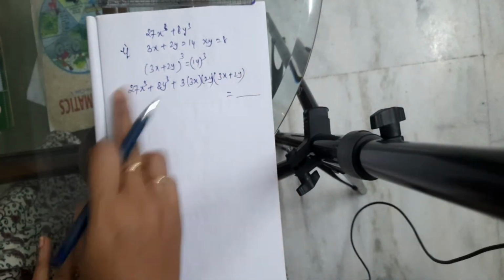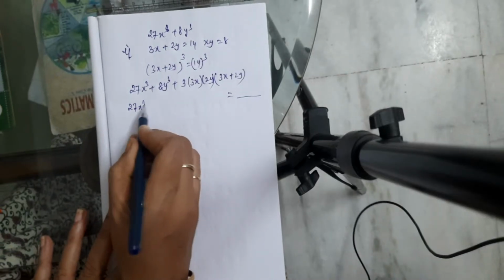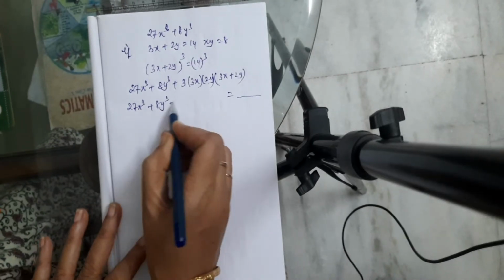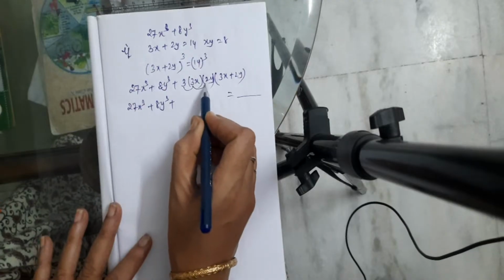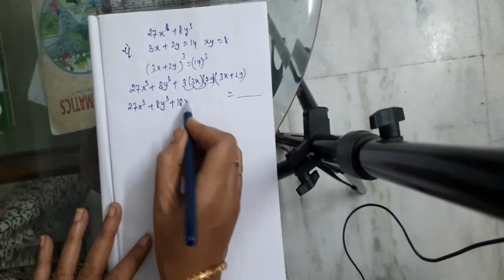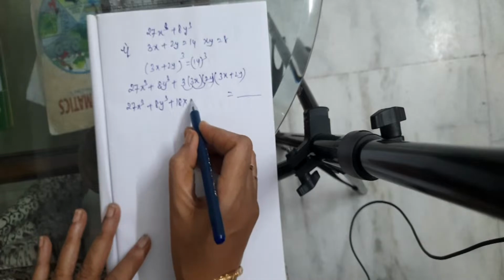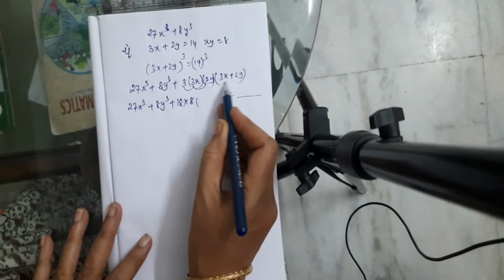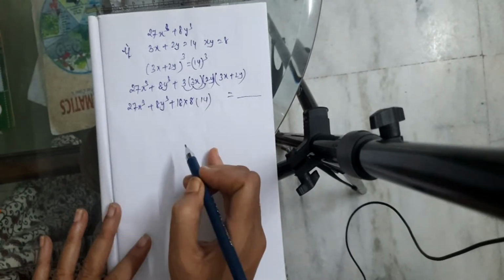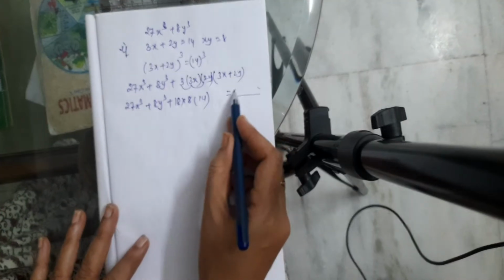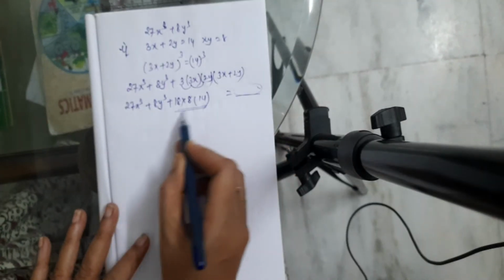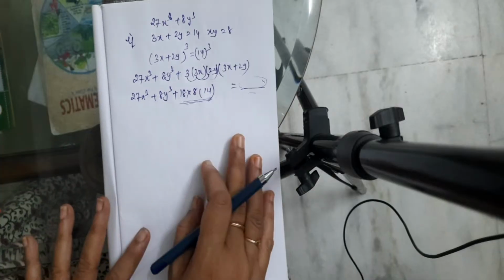Now this we can solve out like 27x cube plus 8y cube. 3 3s are 9, 9 2s are 18. The xy value is given 8, so replace it with 8, and 3x plus 2y is given 14. Now you already calculated these values, so go with the multiplication, as we are having a quick revision.